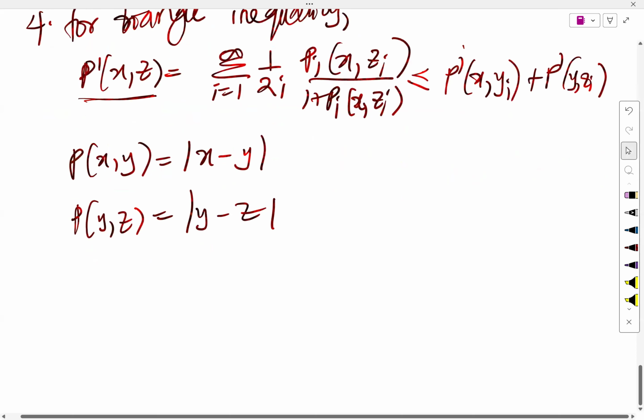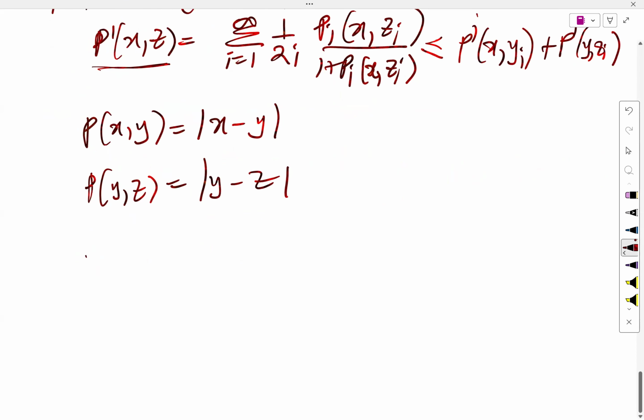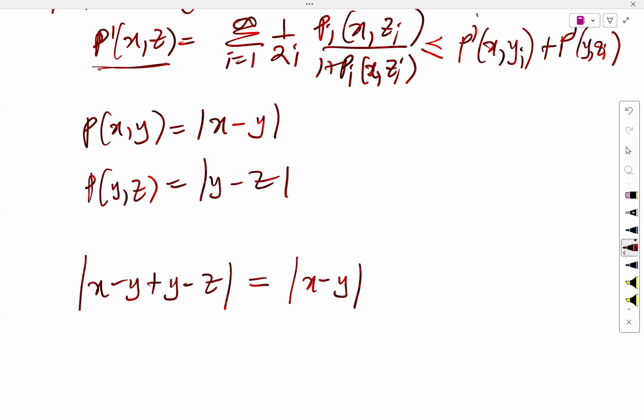So if we start with the absolute value of x minus y plus y minus z, it does the same thing as the absolute value of x minus y plus the absolute value of y minus z.